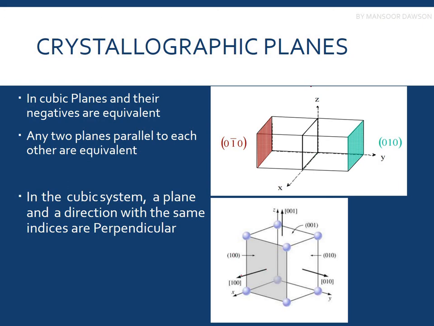So the plane 1 0 0 and the direction 1 0 0, you can see that the direction is perpendicular to this plane. Same for the 0 1 0 plane, the direction 0 1 0 is perpendicular to it. Same with 0 0 1: the plane 0 0 1 has the same direction 0 0 1, and it is perpendicular to the plane.